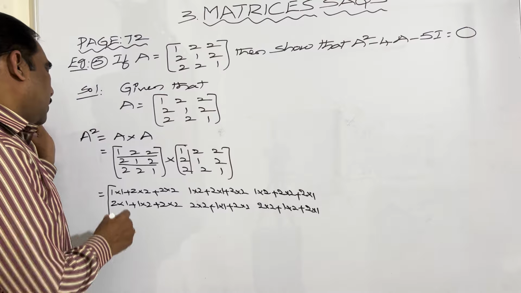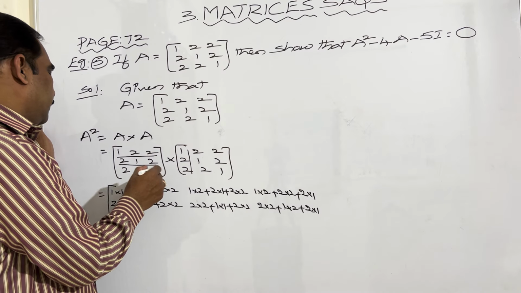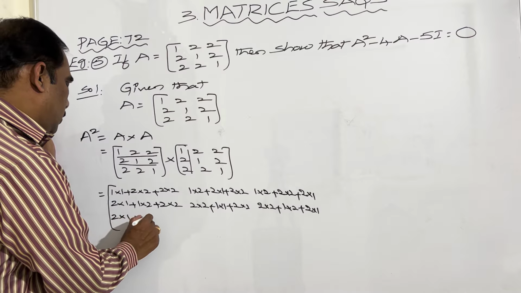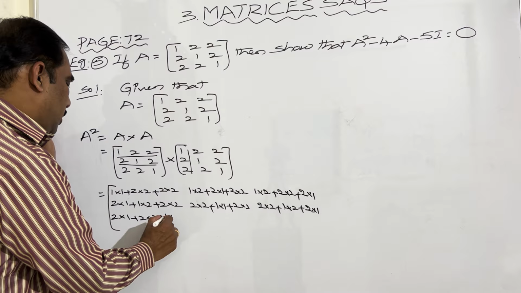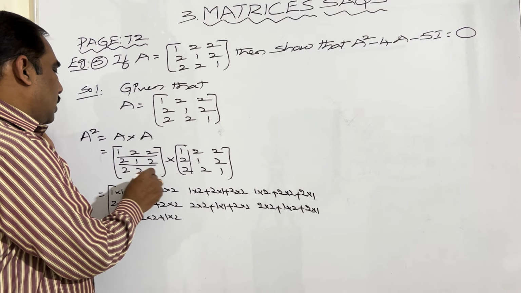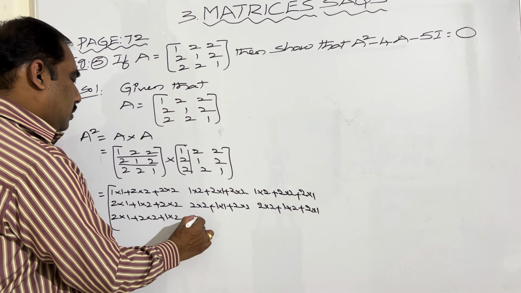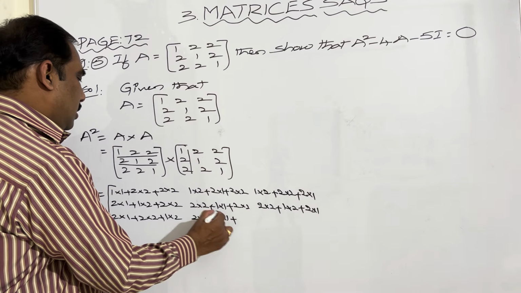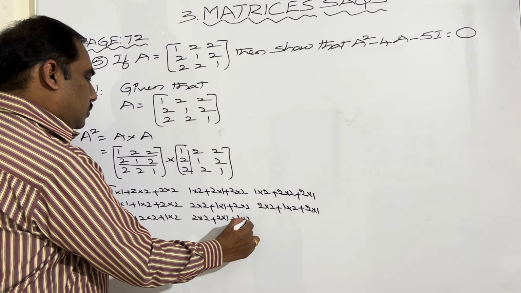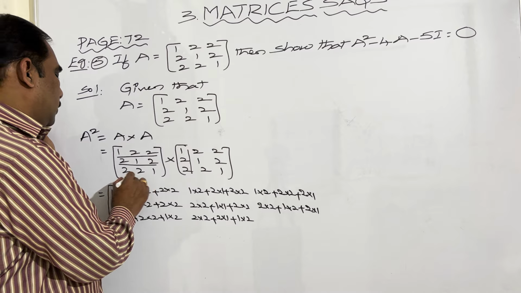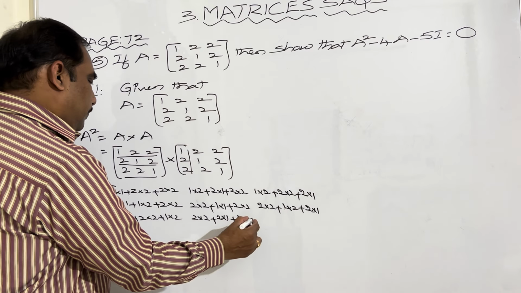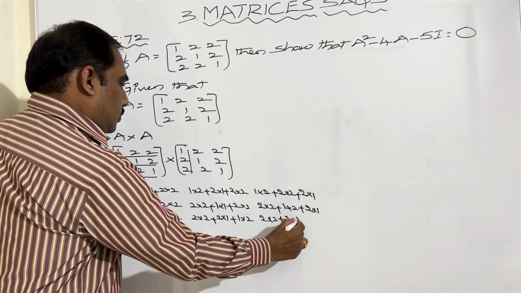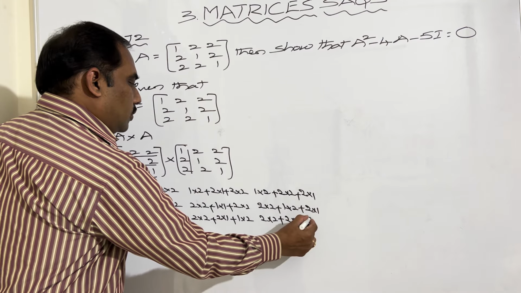Next, third row, first column, multiplying 2 into 1 plus 2 into 2 plus 1 into 2. Again third row, second column, 2 into 2 plus 2 into 1 plus 1 into 2. Now third row, third column, that is 2 into 2 plus 2 into 2 plus 1 into 1.